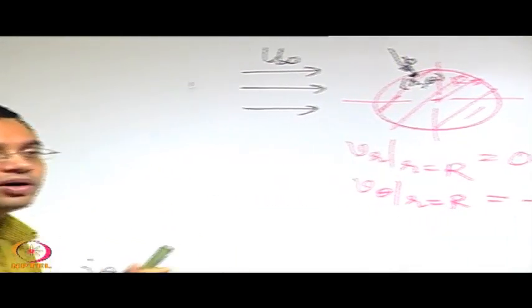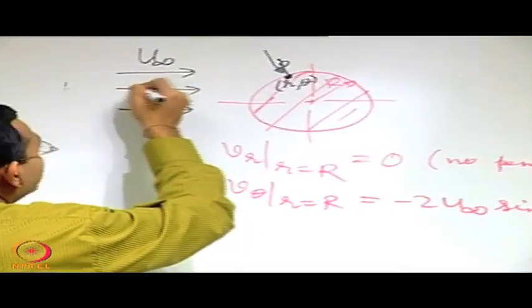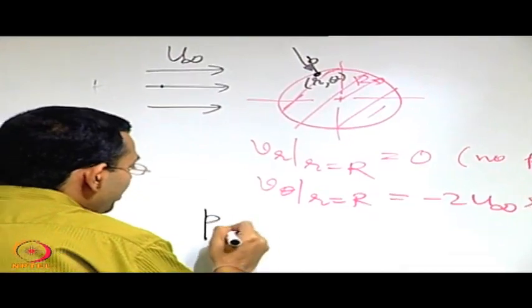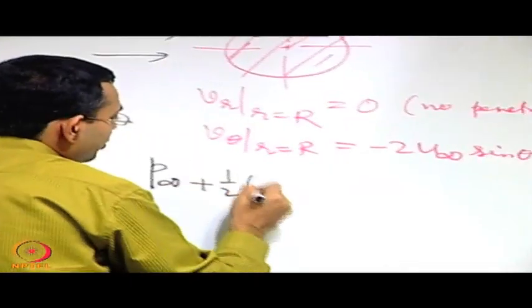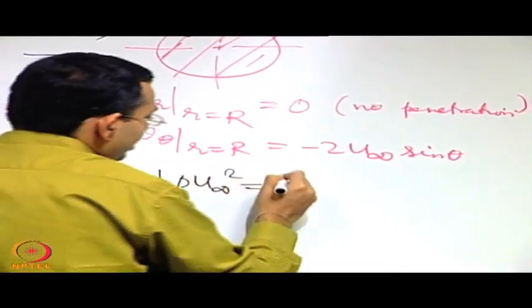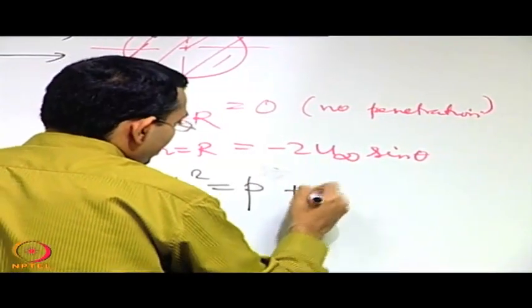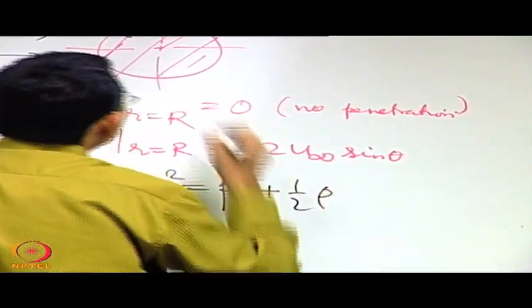So you may use the Bernoulli's equation between any 2 points. So you may use it from a point at infinity to a point which is marked on the cylinder. So you have P infinity plus half rho u infinity square is equal to P plus half rho V square at this point.